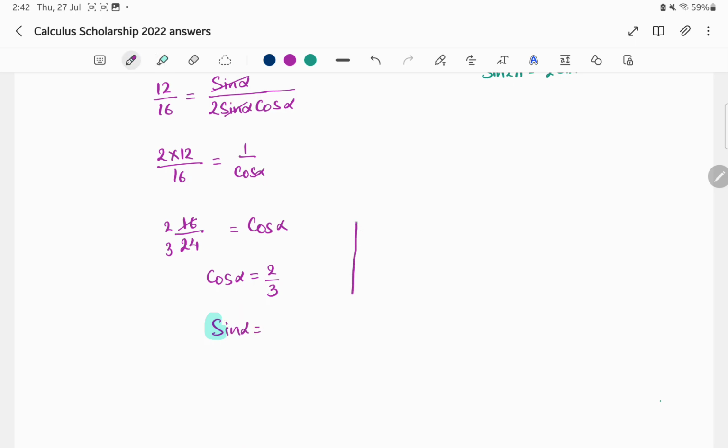So what we will do is we will create a right angle triangle, and we are going to use SOHCAHTOA, which I'm very sure we all know. All right, so let us suppose that is our alpha. I have cos, so I have adjacent over hypotenuse, 2 over 3. And from here, I can find the opposite using Pythagoras.